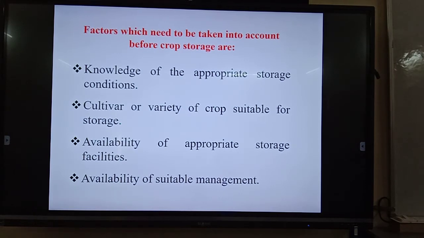If we are not applying the heat removal system or the curing system, then we cannot keep our produce for a longer duration. So after following such management practices, we should go for the storage.